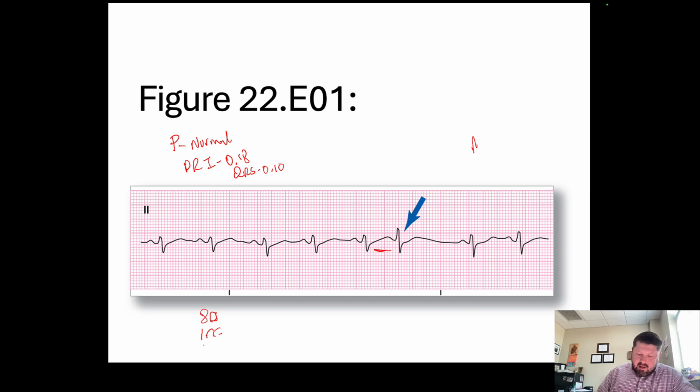So I've got a rhythm that's underlying, and then I've got a PJC that occurs right here. I don't see a sinus P wave. I don't see a P wave that's upright that looks different. So I have a PJC right here.